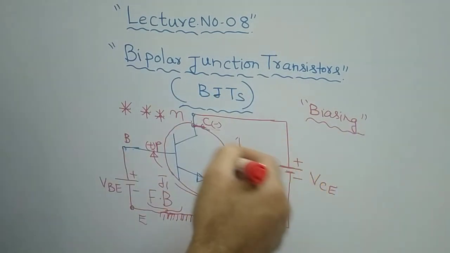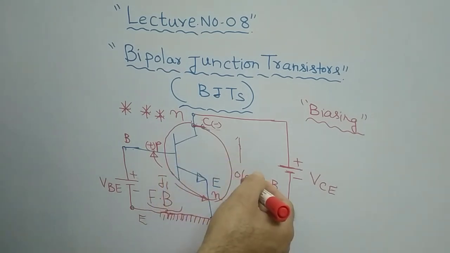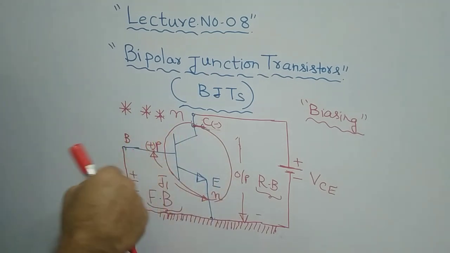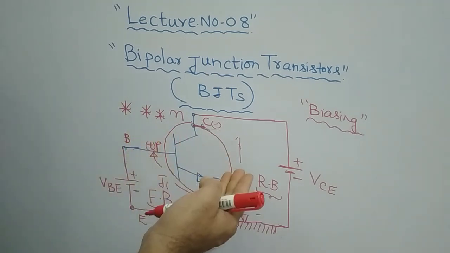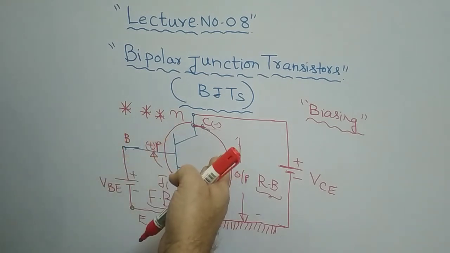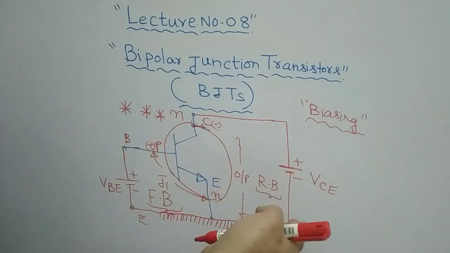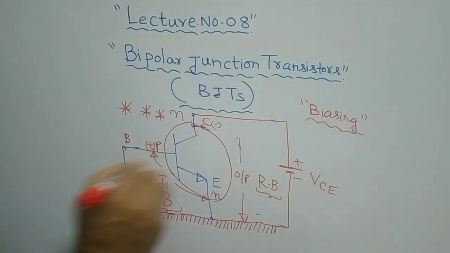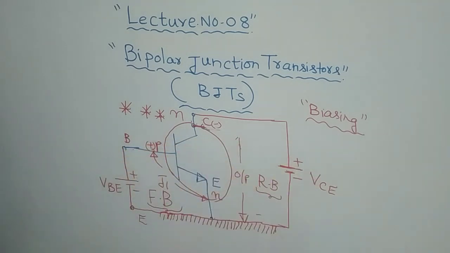Biasing means you are putting the circuit in active condition by connecting these two power supplies, and then the supply goes to the circuit and the circuit becomes on. So VBE and VCE are called biasing voltages, right?